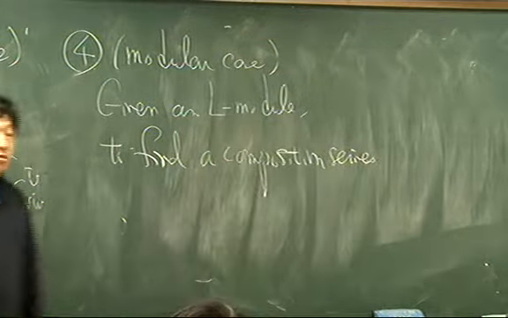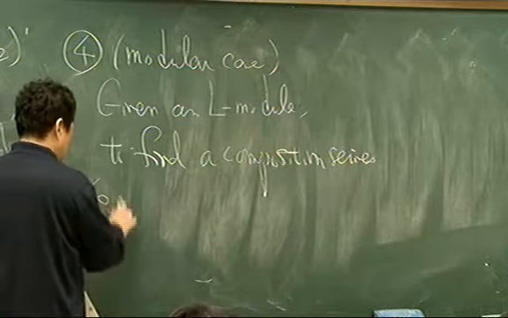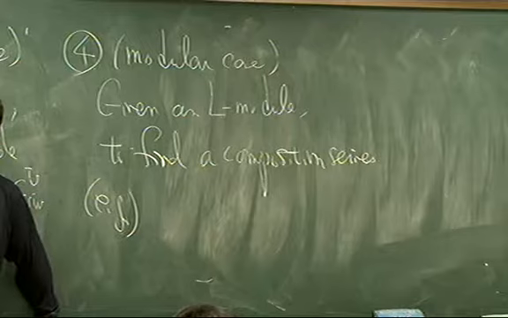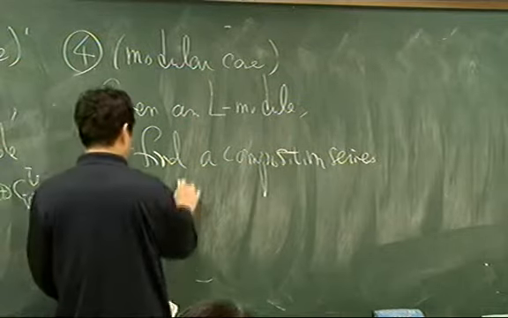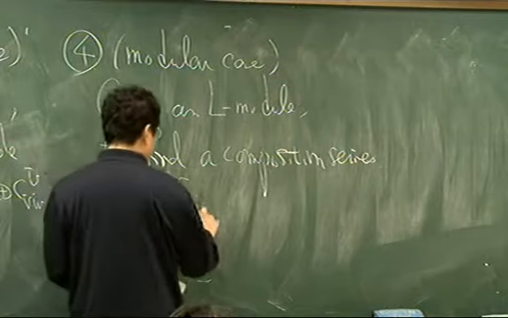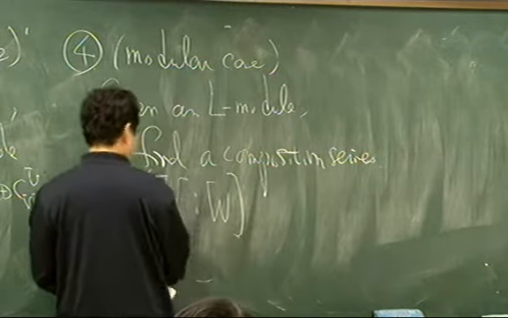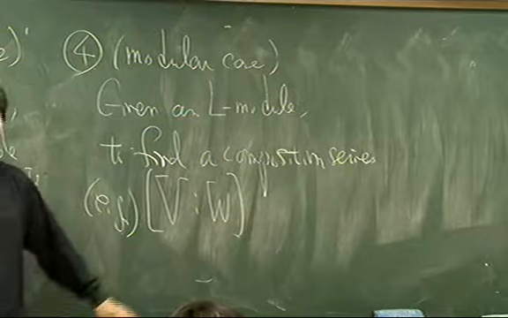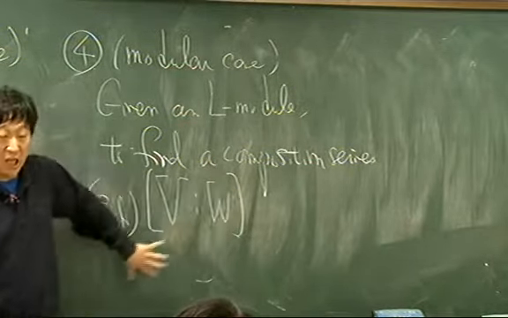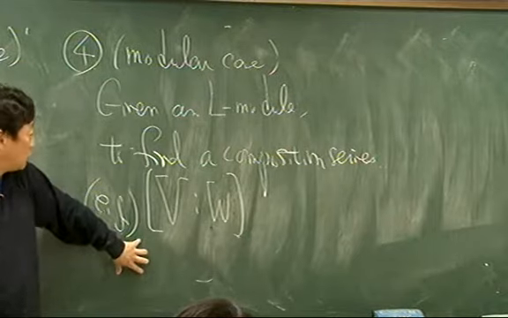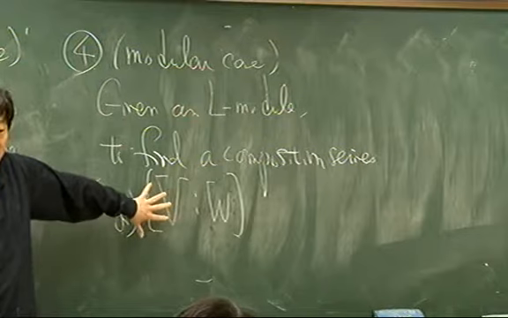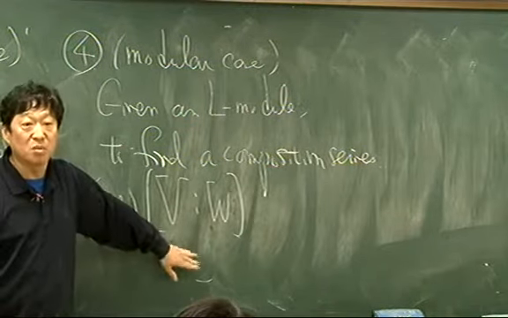So for example, given an indecomposable module V, and take any irreducible representation W, and compute the multiplicity: how many times W occurs as a composition factor of V in a composition series of V. This is called inner multiplicity.